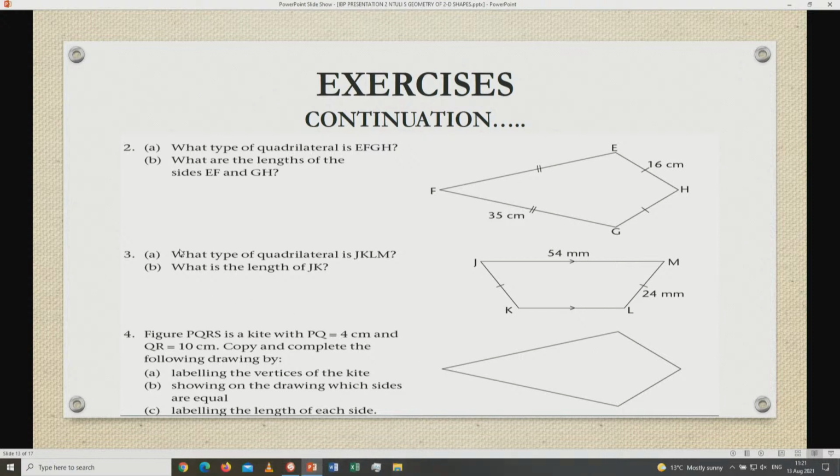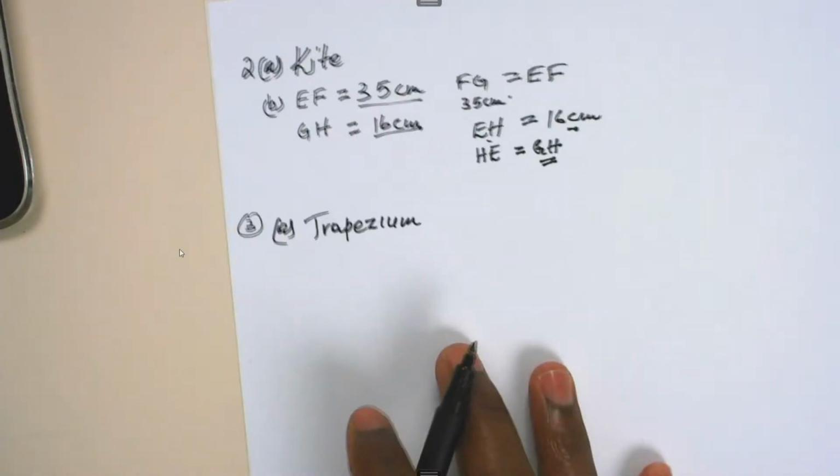So, because it has got one pair of opposite sides, remember the properties there? We just spoke about it. If it has got one pair of opposite sides that are parallel, then it is a trapezium.